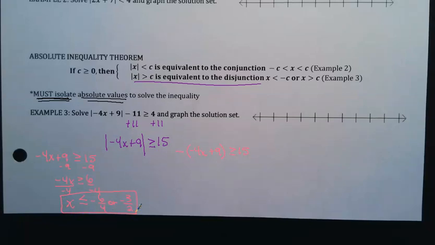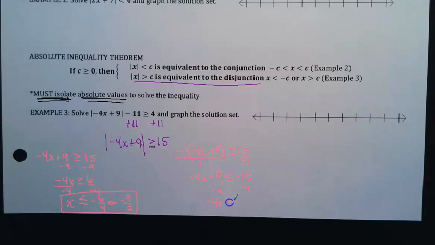All right, next one. Last time we distributed first. This time we could divide by the negative and see what happens. It might create extra work for us, but you'll see you can do it either way. So if we divide by the negative 1 out here, then just those first negatives cancel. So we still end up with negative 4x plus 9, and we have to flip our sign, less than or equal to negative 15. Then we subtract 9.